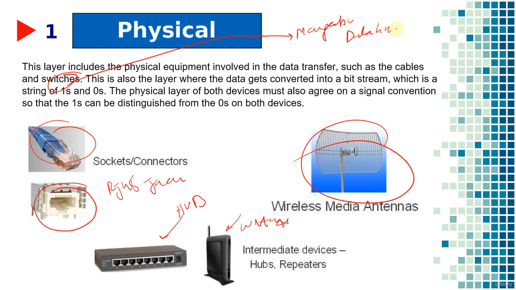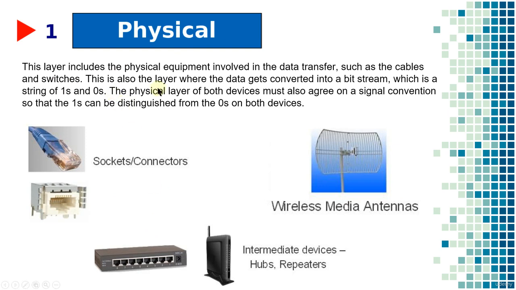When we say switches here, we mean these kinds of hubs, unintelligent devices, so they work at the physical layer. This is also the layer where the data gets converted into a bit stream. And we know that bits are what? Bits and bytes, 1 0 1 0 1 0.